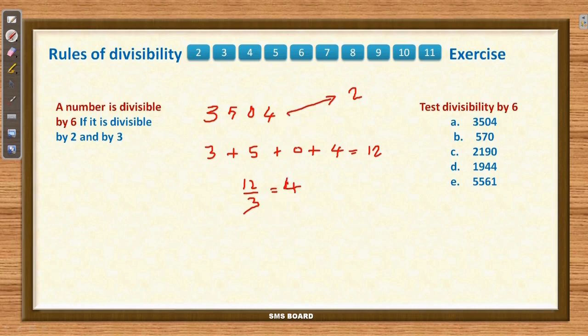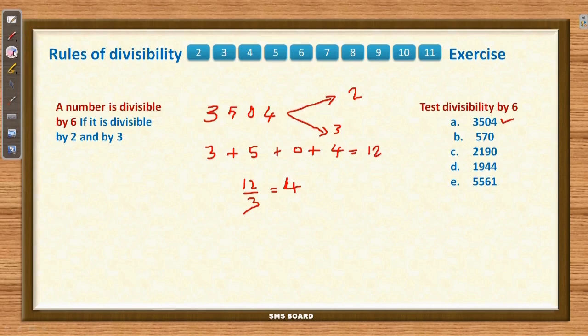So this number is also divisible by 3. So if a number is divisible by 2 and 3, then the number is divisible by 6. So 3504 is divisible by 6.